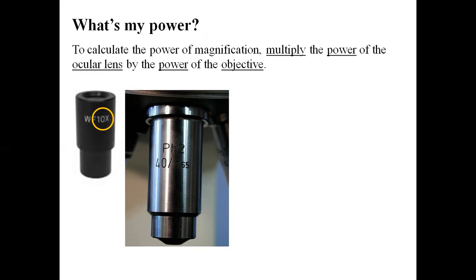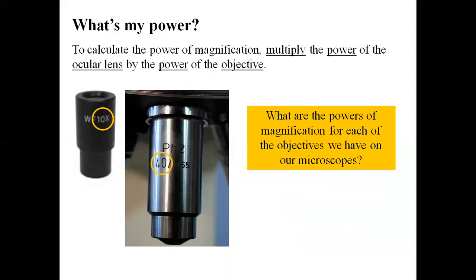Then next one is, what is power? To calculate the power of magnification, multiply the power of the ocular lens by the power of the objective lens. So the ocular lens power is 10x and the objective lens power is 40x.